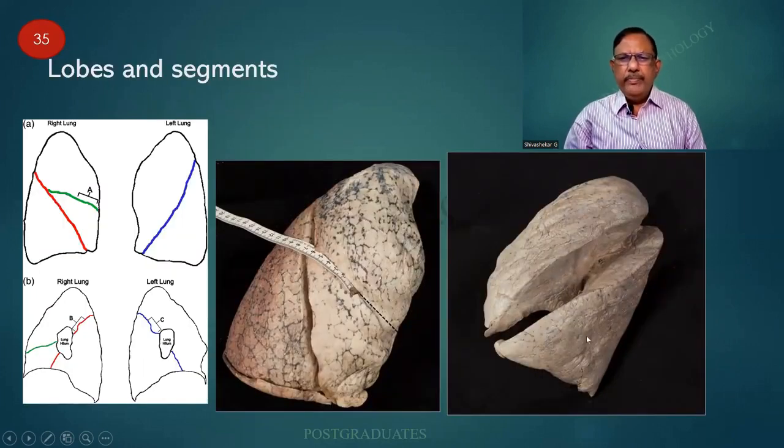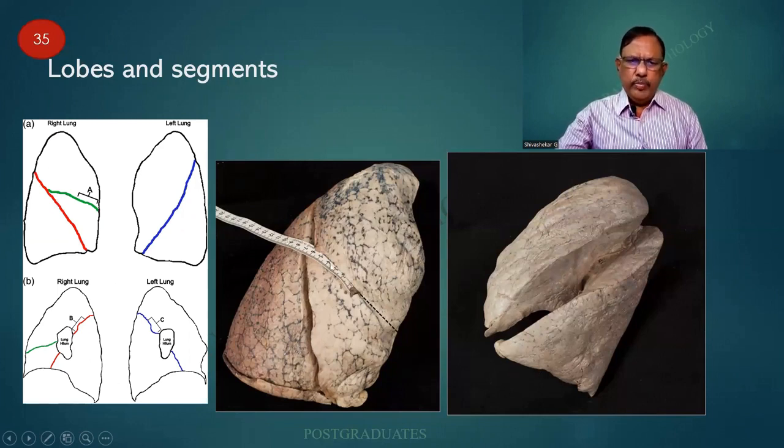Lobes and segments. You need not be as perfect as an anatomist. Look at the right lung over here, left lung. Right: remember the letter R. So there will be 3 lobes: an upper lobe, middle, and the inferior. There is an oblique fissure for both the left and the right. This is the right lung and this is the left lung.